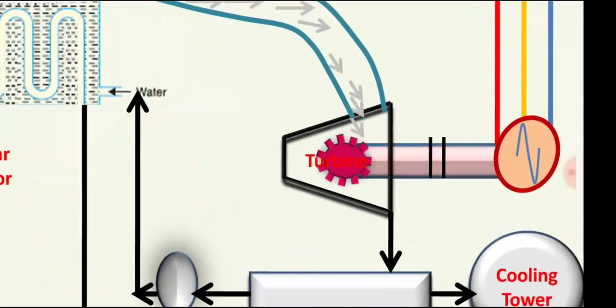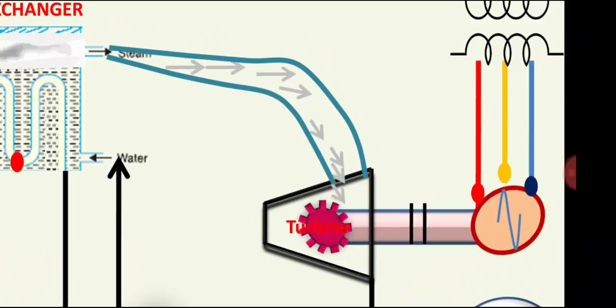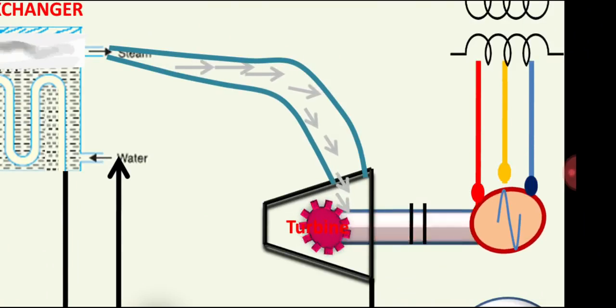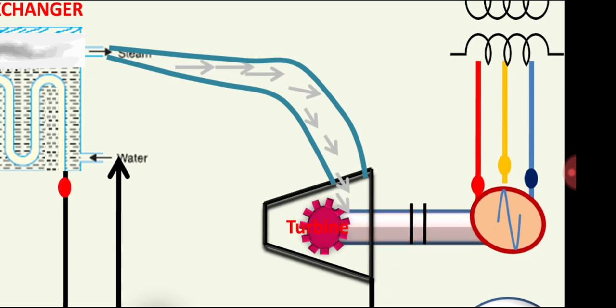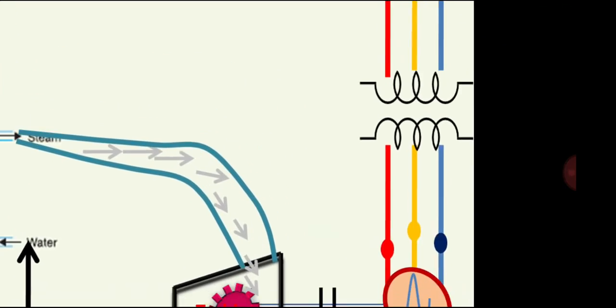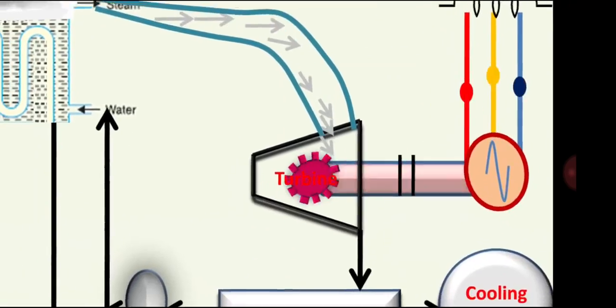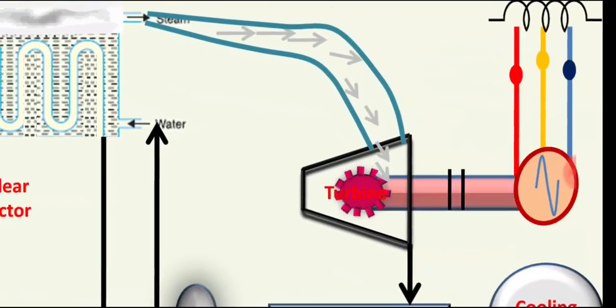The steam turbine is mechanically coupled with the alternator, and as the steam turbine rotates, the alternator also rotates. Then this alternator converts that mechanical energy into electrical energy, which can be given to the grid. So this is the use of nuclear reactor, heat exchanger and steam turbine.